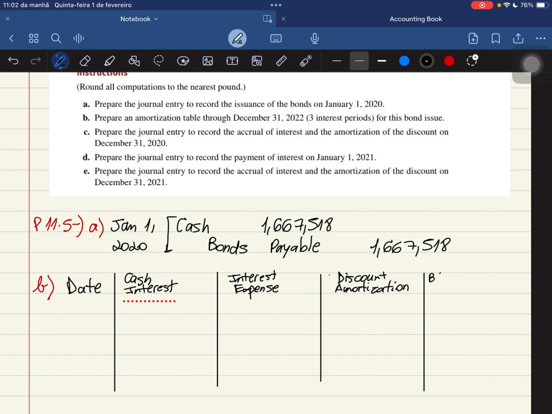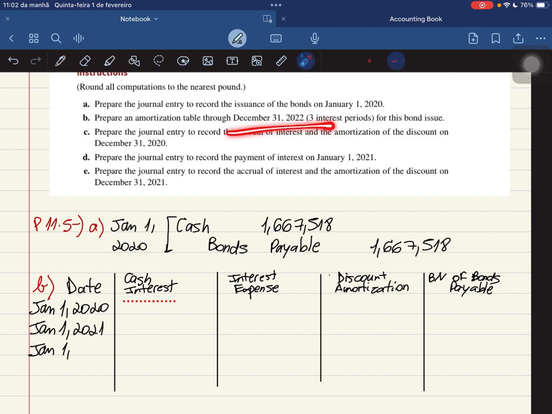And the book value of the bonds payable. They were issued on January 1st of 2020. So all of my dates are going to be in terms of January 1st. And they ask us to prepare until December 31st of 2022. So I'm actually going to go ahead and prepare until January 1st of 2023.